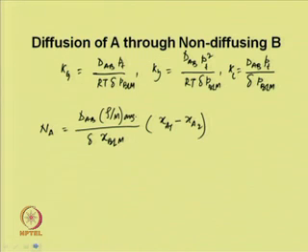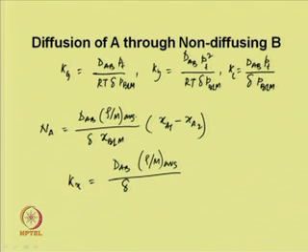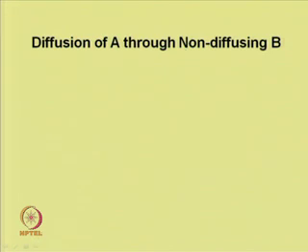So, Kx is equal to DAB rho by M average divided by delta XBLM, and KL is equal to DAB by delta XBLM.